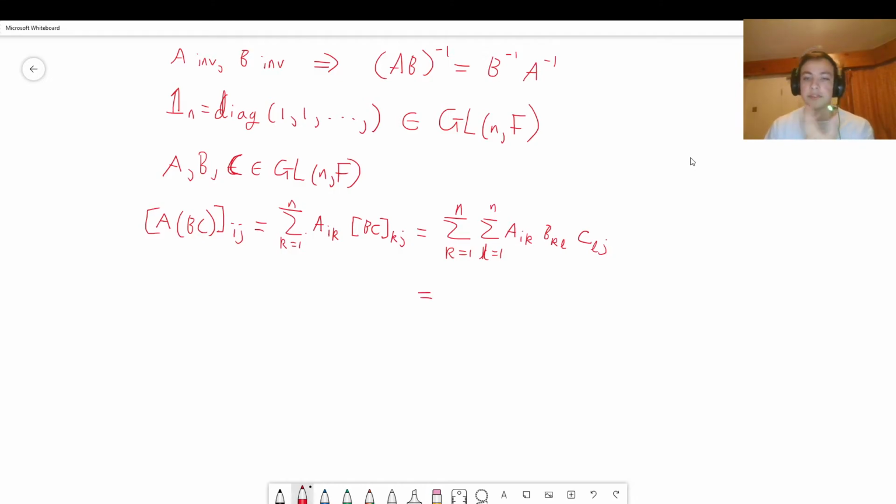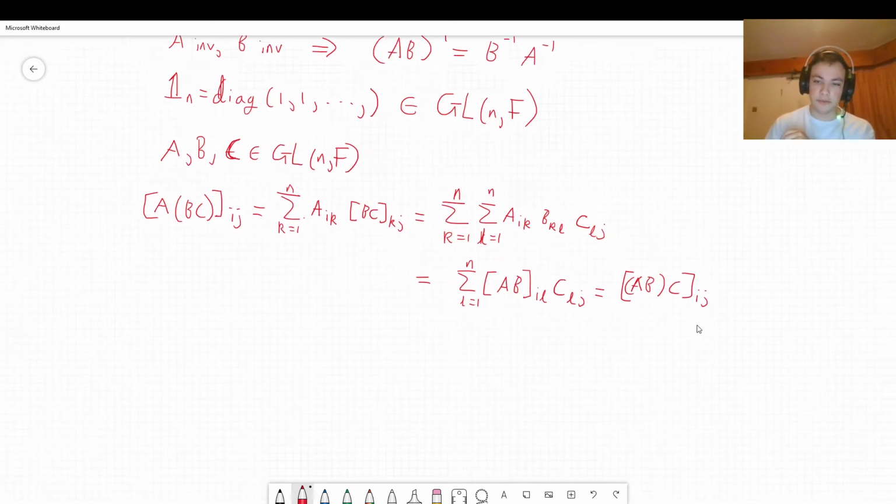But then we can do the sum in the other order, and so that's the sum over l equals 1 to n of (AB)_il C_lj, which is (ABC)_ij. Okay, so we've got associativity, so the general linear group is a group.